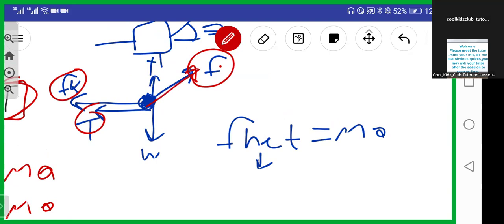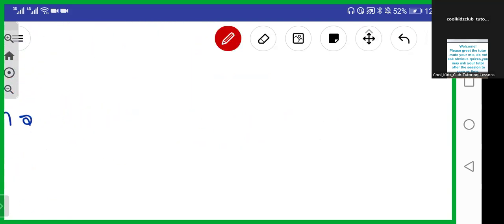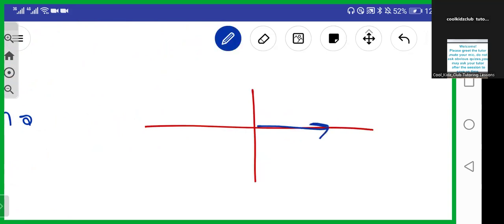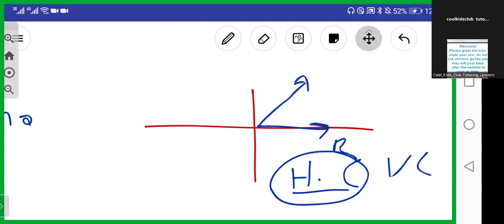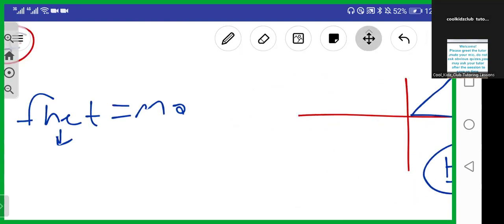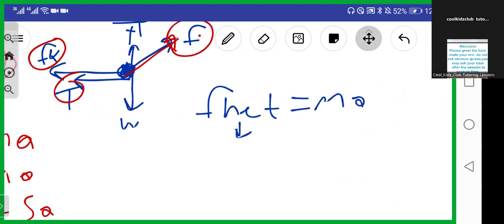Well, if you remember in grade 11 when we were doing vectors, we said, should we have a vector that is acting on the x-axis, then it's going to the right, so it's only part of the horizontal component. But should it be in the middle, then it will act as a horizontal component and as a vertical component. That is why we will consider it to be a horizontal component, and we are going to use a cos.